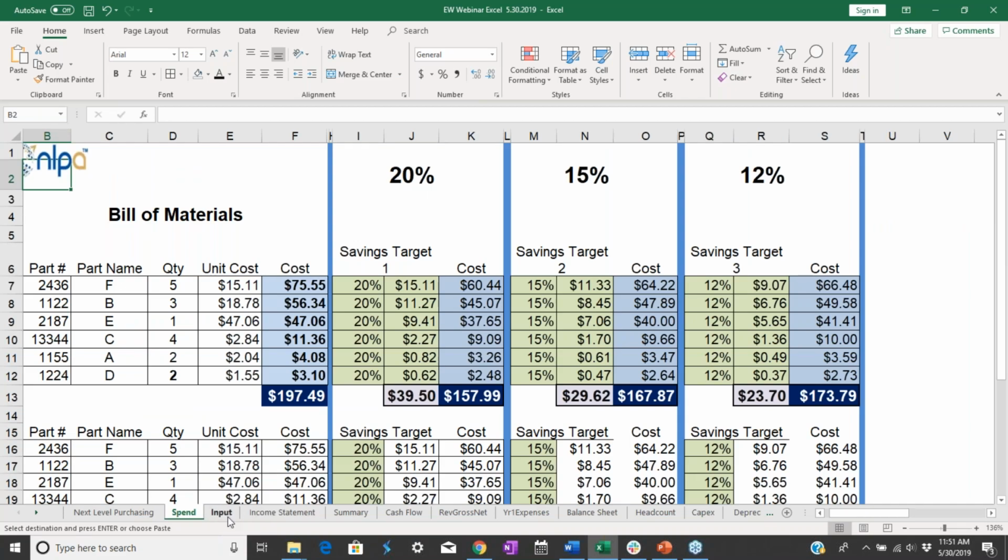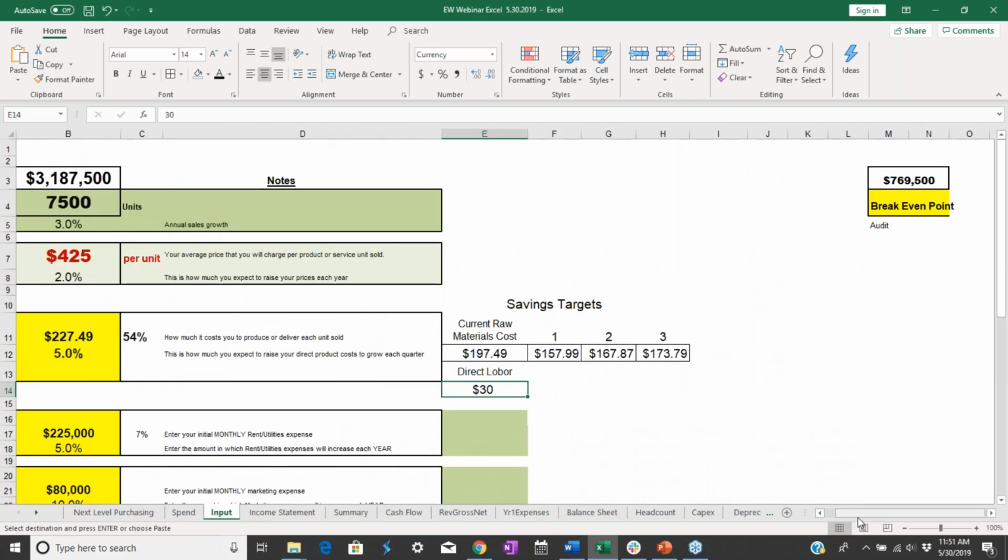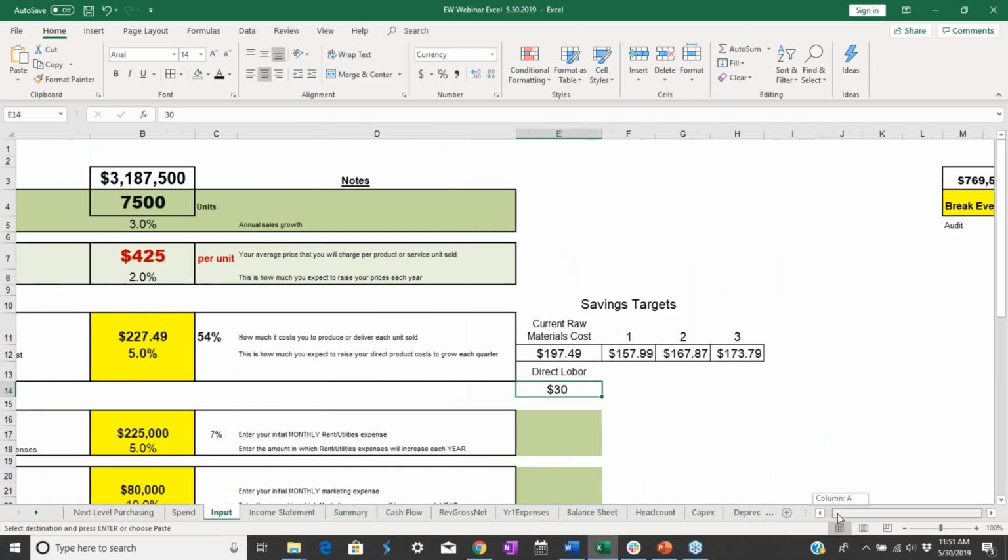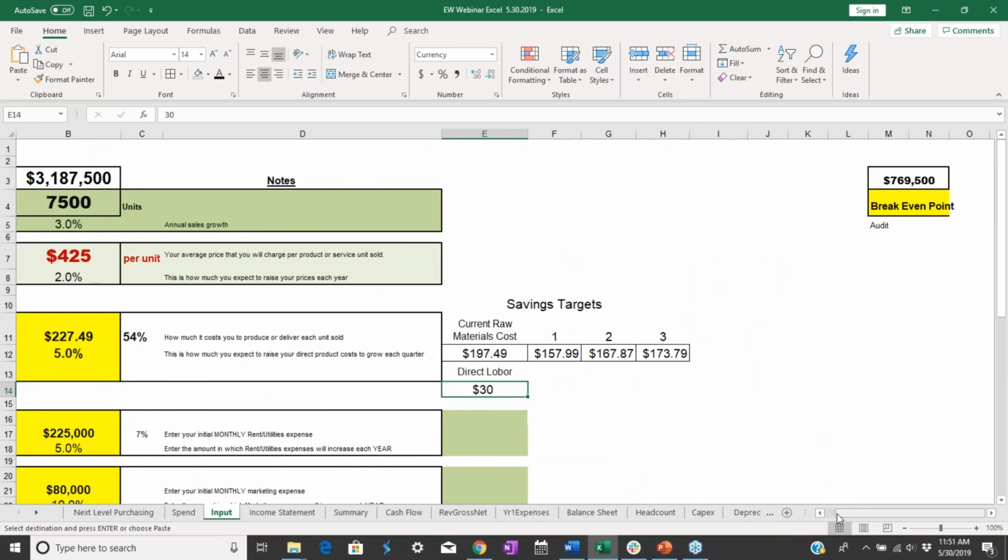Okay, so let us see how that would affect the profit and loss statement. And this is what I mean by having the ability to analyze and to react and to be proactive as far as our negotiations go and how they impact the profitability of the organization.